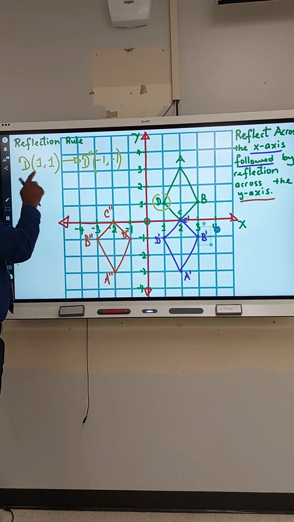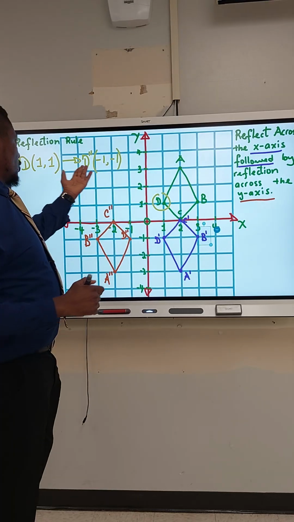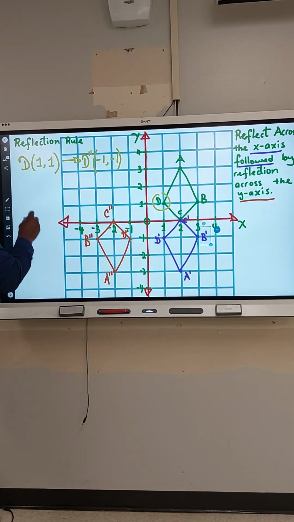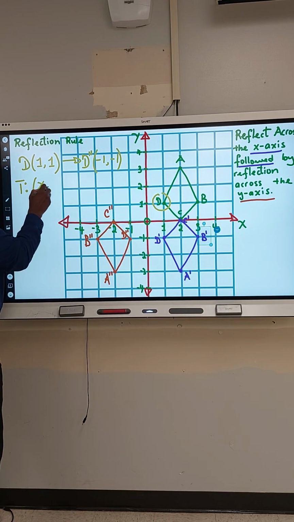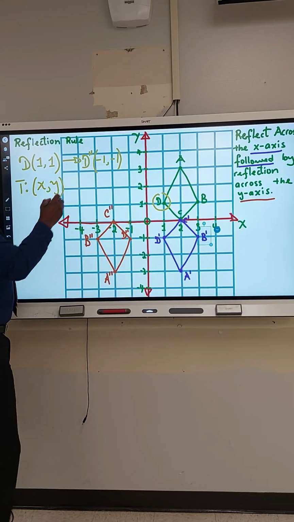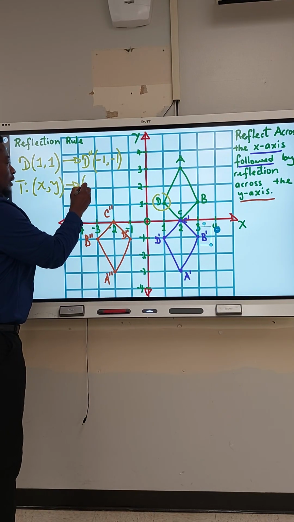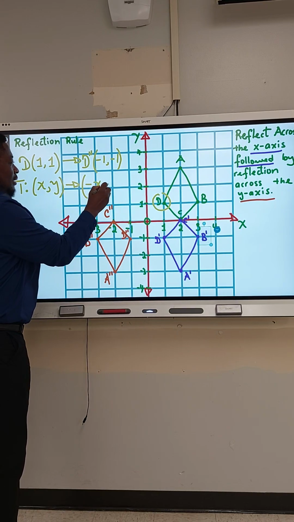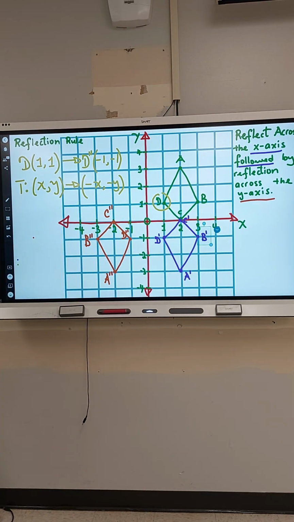So this transformation on these coordinates will tell us that for this particular transformation, every point with coordinates x and y will become a point with coordinates -x and -y. Let's find out if this is working.